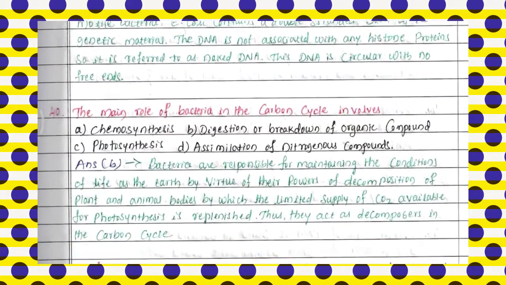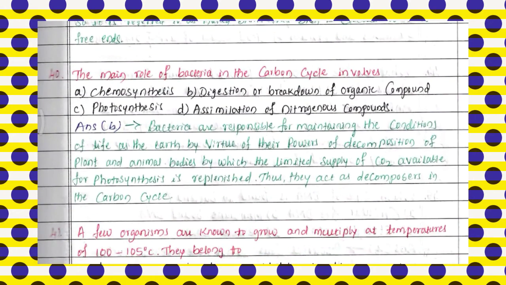Next, 40. The main role of bacteria in the carbon cycle involves: A. chemosynthesis, B. digestion or breakdown of organic compounds, C. photosynthesis, D. assimilation of nitrogenous compounds.